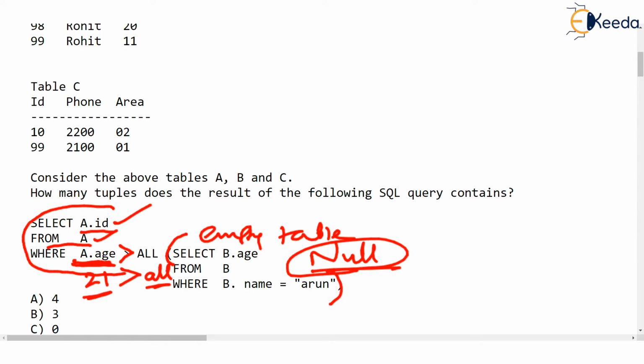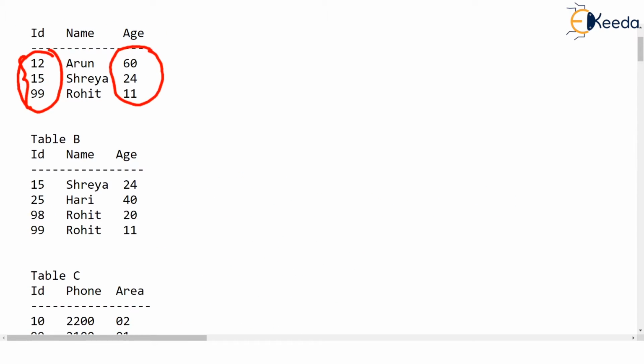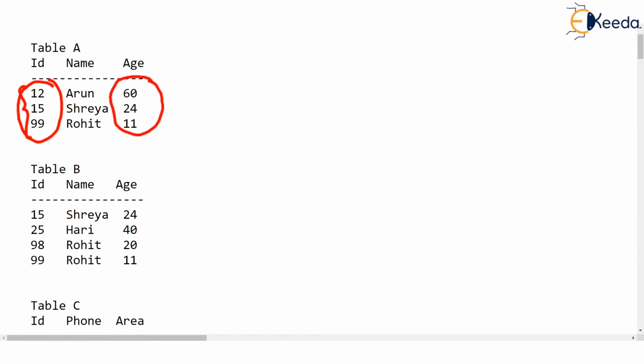In fact, when the outer query runs, it runs row by row. It takes the first row and asks, is this age greater than all the entries returned in the inner relation? But the inner relation is null, so 60 is greater than all. So the first ID, 12, will be selected.